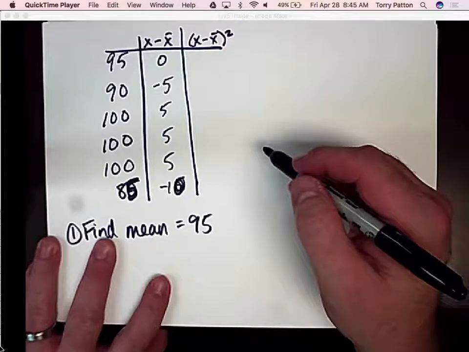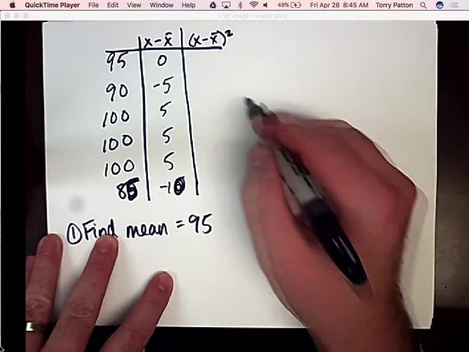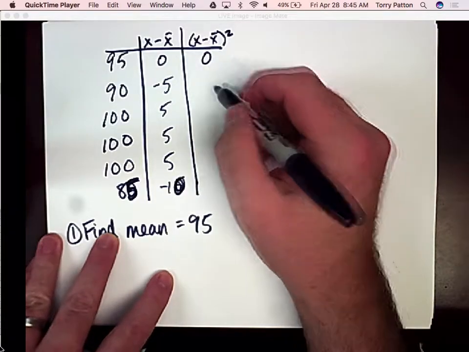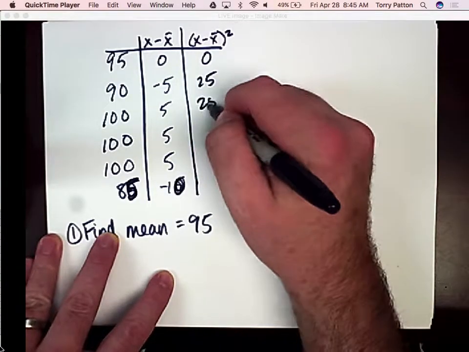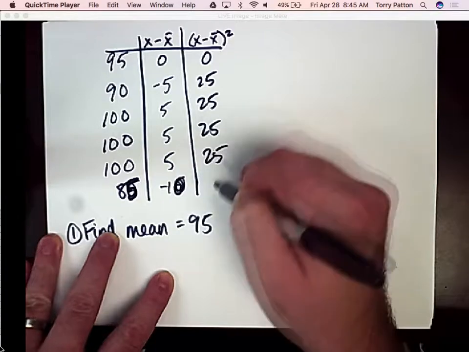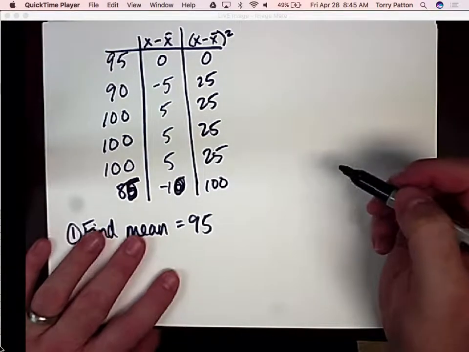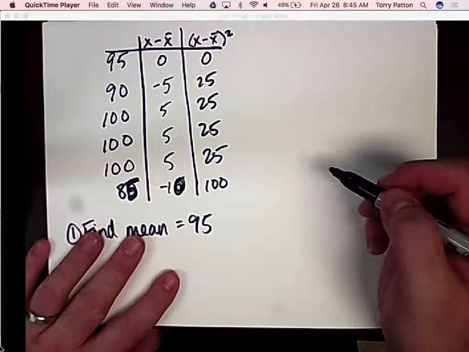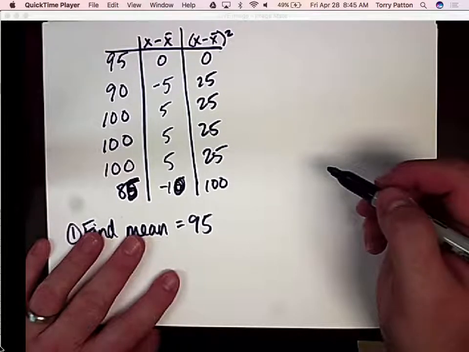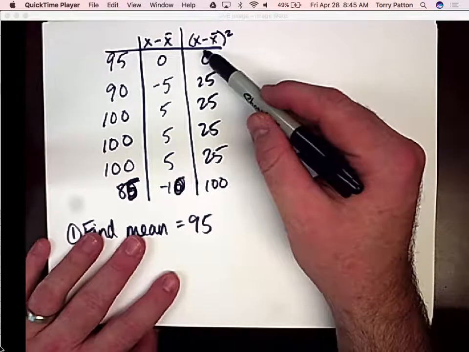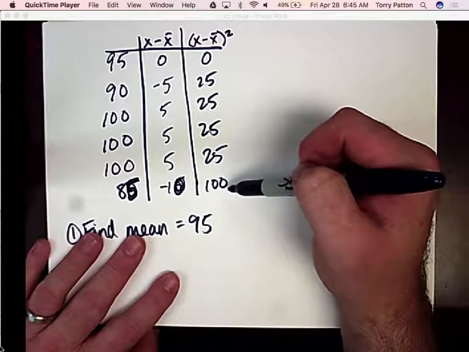Okay? So that is 0, that's 25, that's 25, that's 25, that's 25, that's 100. Okay? Then you average these numbers and take the square root.